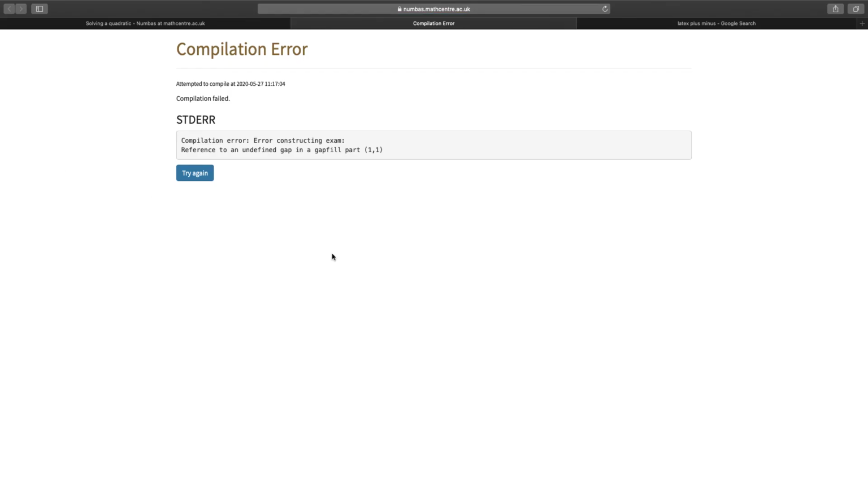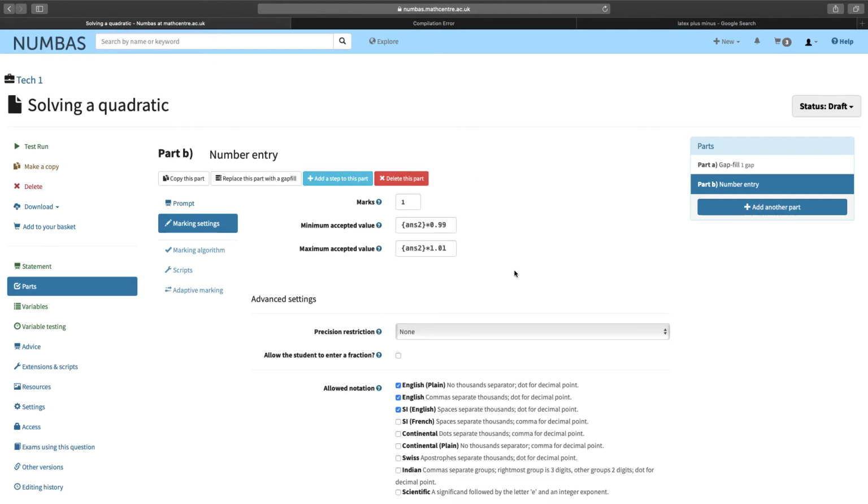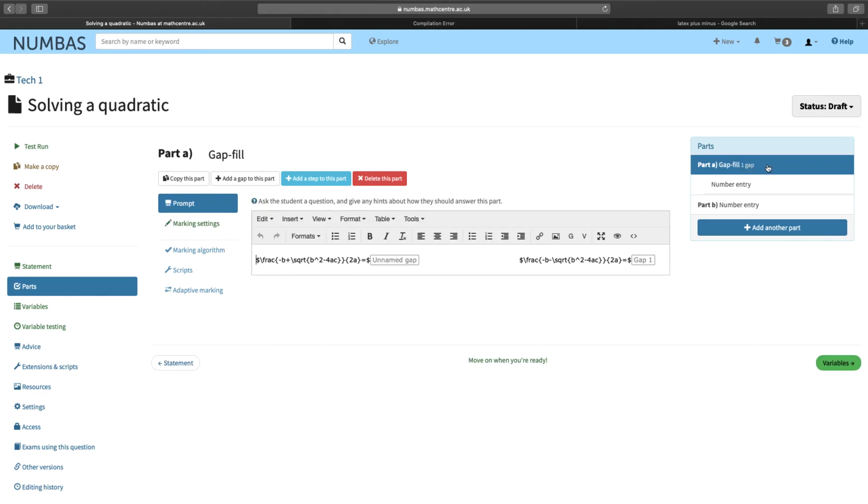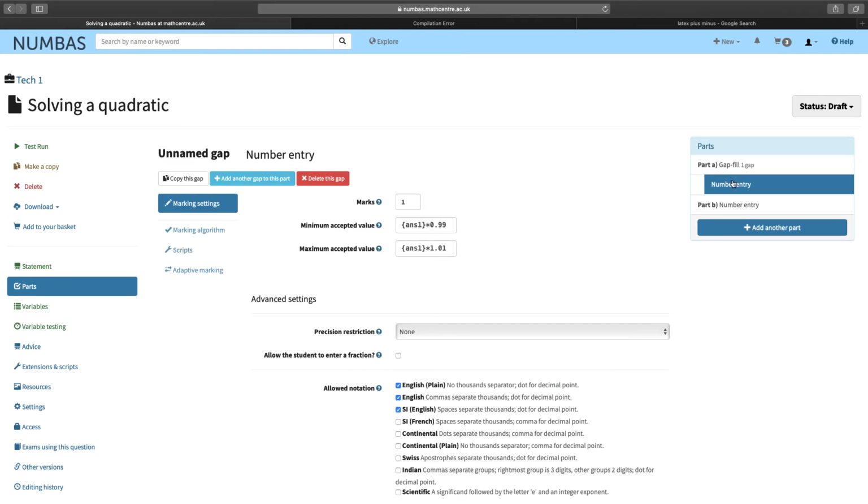So we test run, and this is where you always get an error. Reference to an undefined gap in a gapfill part 1.1. Unnamed gap. I didn't name it. Right, let's try this again. Oh, you know what?